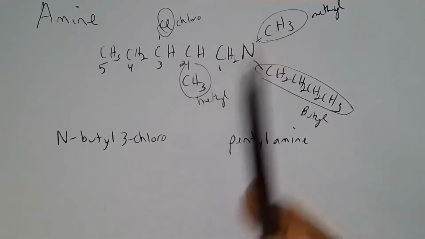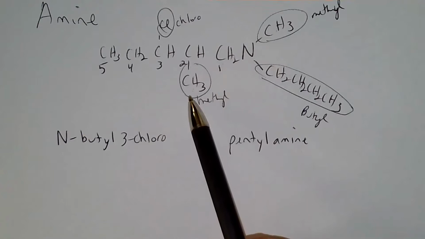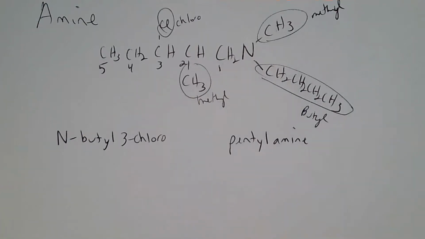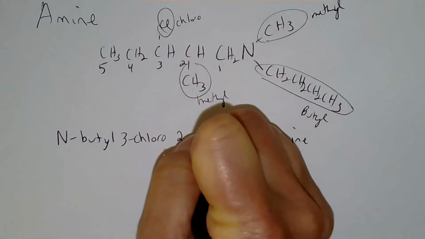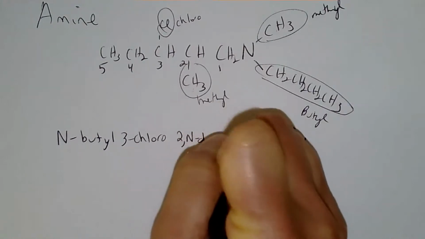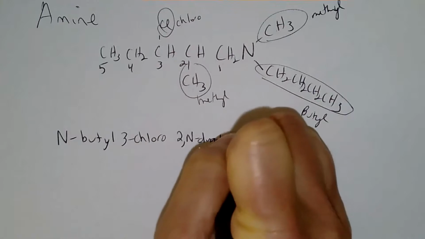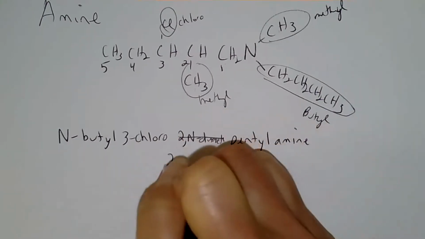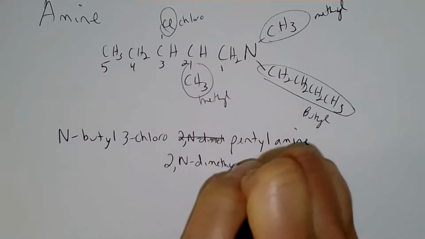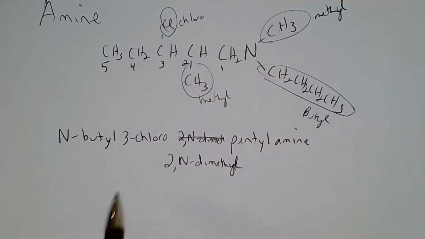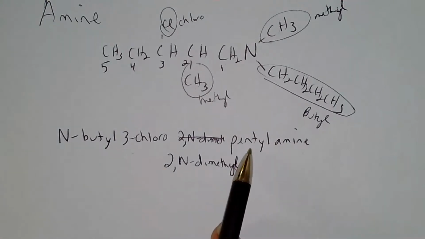Okay, so just treat the N like a number. Okay, do you write the number first or the N first? I don't think there's a magic way of doing this. So I could do a 2, N dash dimethyl. I'm running out of room. So N-butyl, 3-chloro, 2, N dimethyl pentylamine.